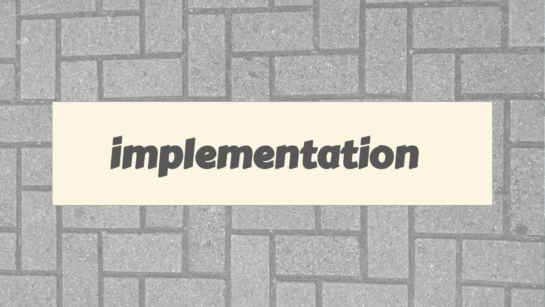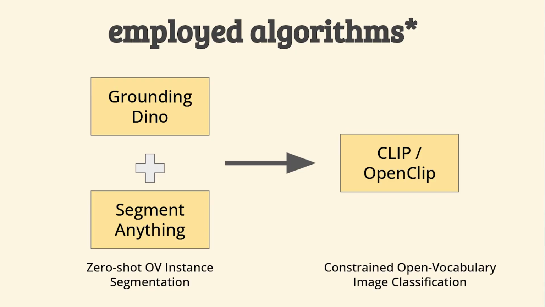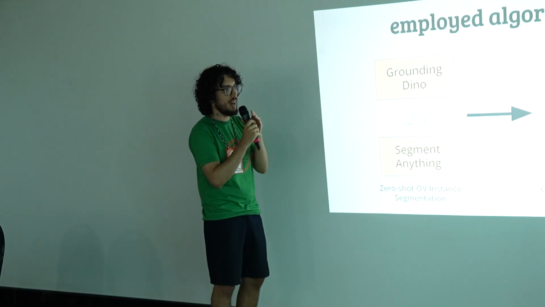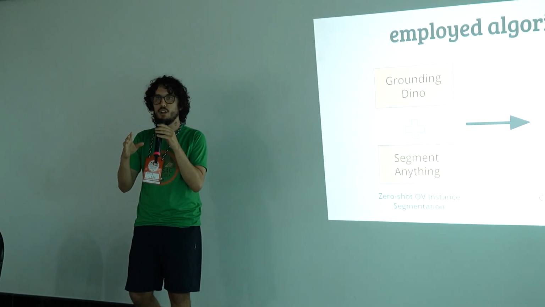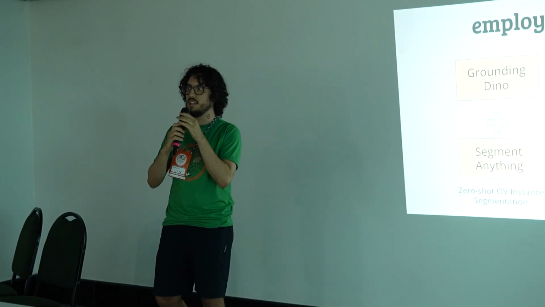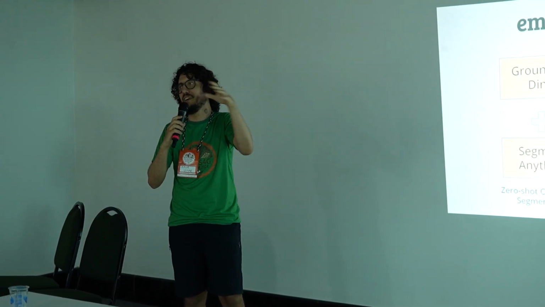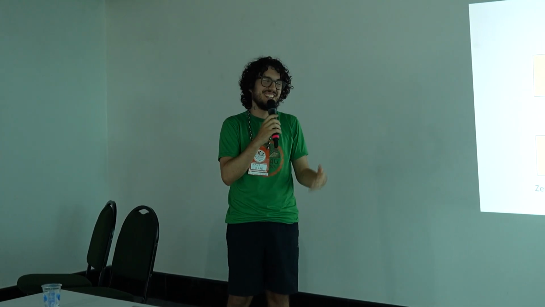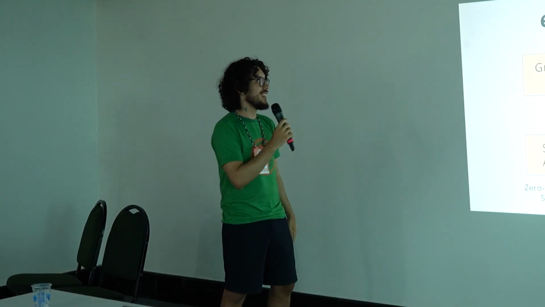So let's talk about the implementation. The algorithms we are using right now are open vocabulary algorithms. That means they are visual language models, with a visual language model inside the same algorithm.